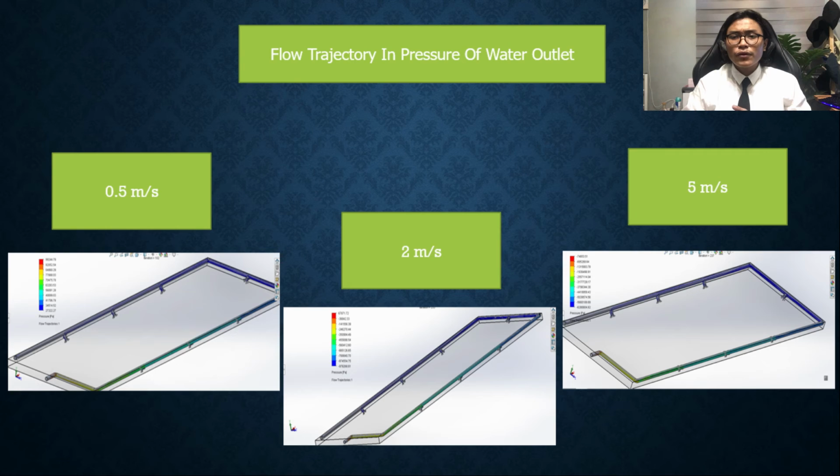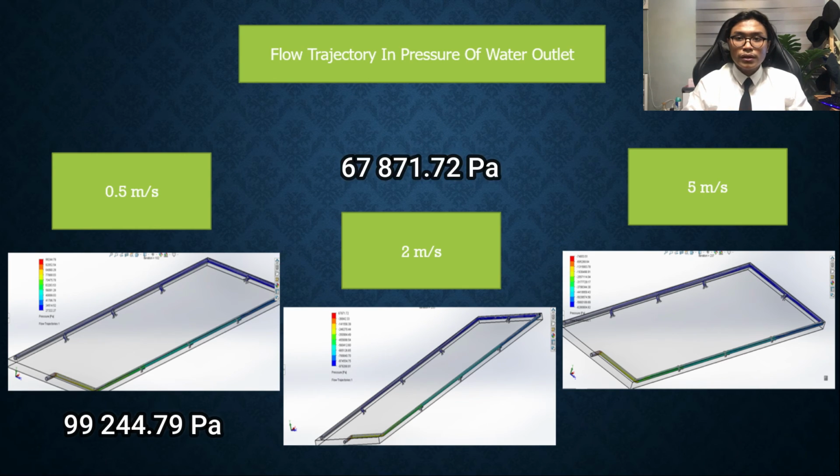And then for flow trajectory in pressure of water outlet, for 0.5 meters per second, 99244.79 Pascal, and then for 2 meters per second I got 67831.72 Pascal, and lastly for 5 meters per second I got a negative 74653.51 Pascal. It's because the water outlet has no pressure on environment pressure.